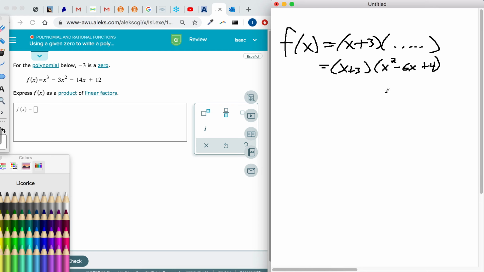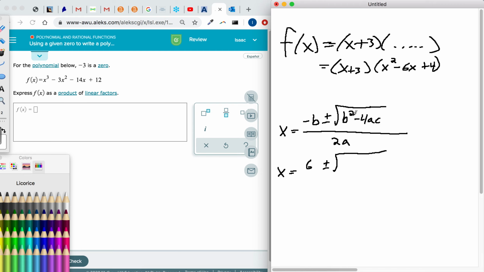And if you remember from a previous algebra course, the quadratic formula can give us the zeros of a quadratic equation, or in this case a quadratic expression. What can we do to make this equal 0? So we can plug in negative 6, because that's our b.